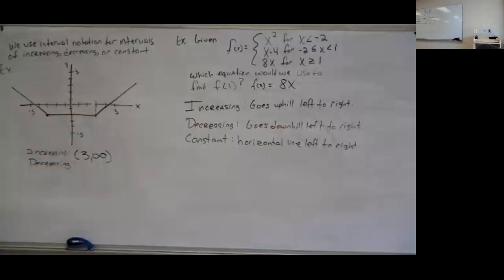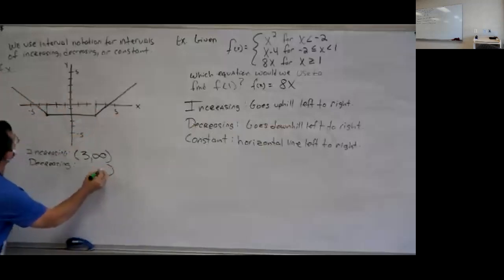Decreasing is this part of my graph going downhill. But remember, I still need to worry about my x's, so that looks like it's hitting about right here. So it looks like at this point right here, it's going to stop decreasing and then starts going straight across. So I need that x value where it stops.